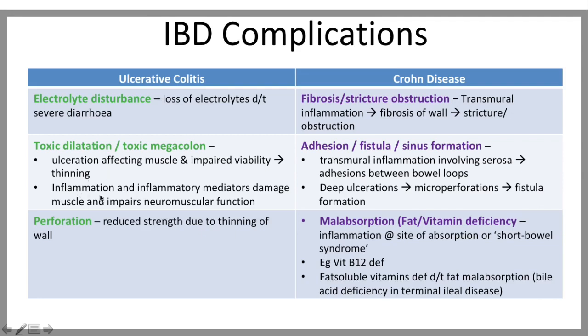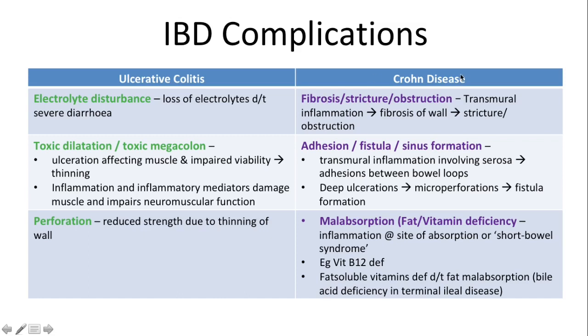And also all the inflammation and inflammatory mediators damage the muscle and impair neuromuscular function. Perforation can also occur because the bowel wall in ulcerative colitis tends to be thin, and this thinning of the wall confers a reduced strength to the bowel and therefore it is more likely to perforate.